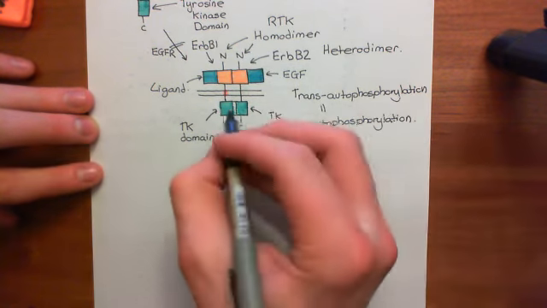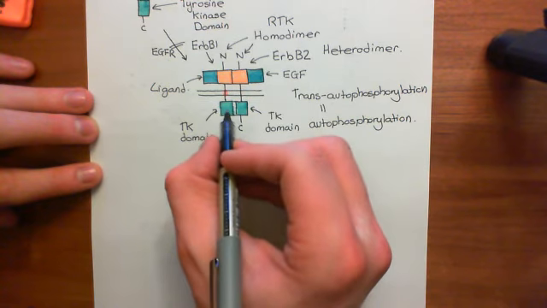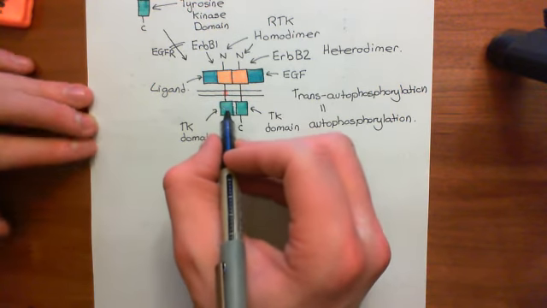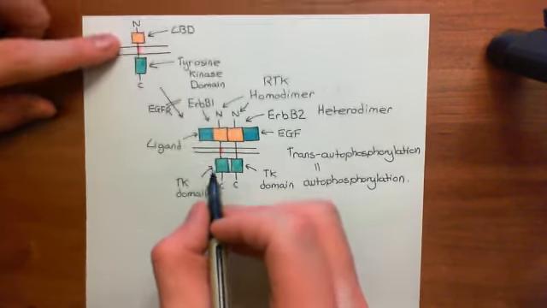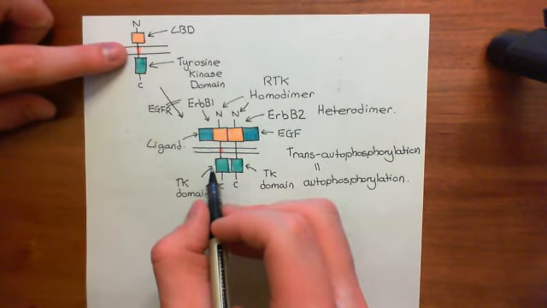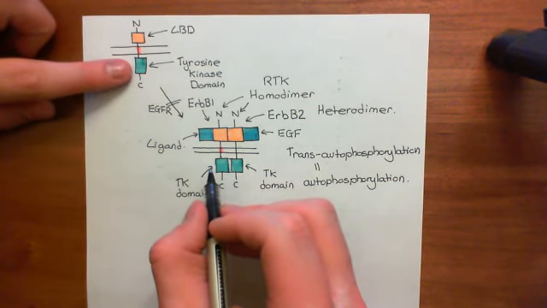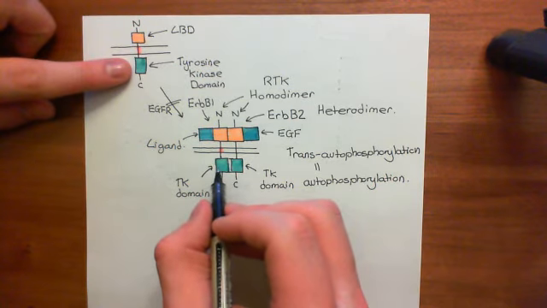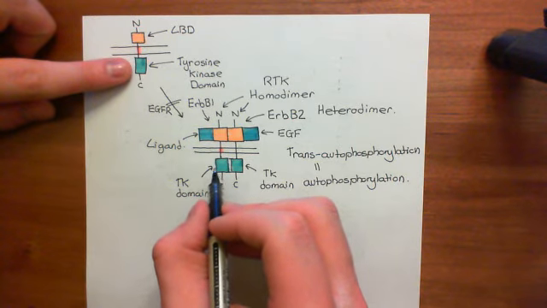Basically these tyrosine kinase domains, usually in the receptor tyrosine kinase that has no ligand bound, have a very low level of activity. So it can phosphorylate tyrosine residues, but it does it incredibly slowly.